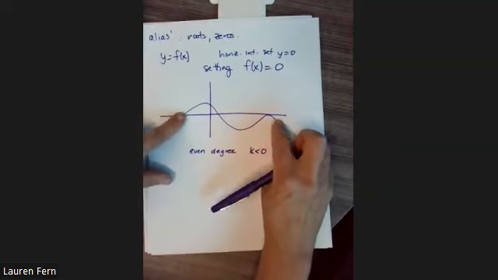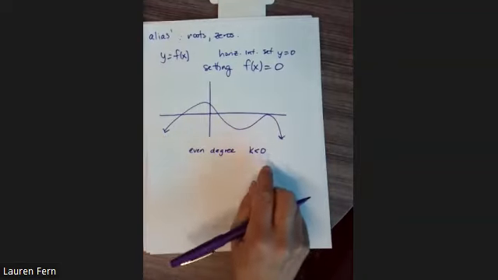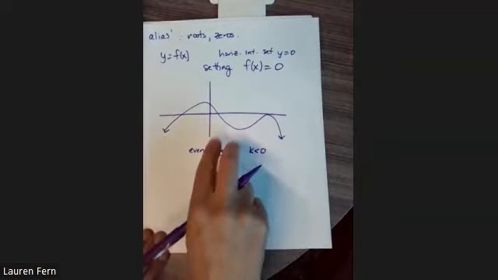How do I know that? Again, because both arms are going down. Okay. And we saw that with an even degree, both arms go up or both arms go down. But in this case, since both arms went down, we know our leading coefficient is negative. Now, graphically, I have 3 x-intercepts here.